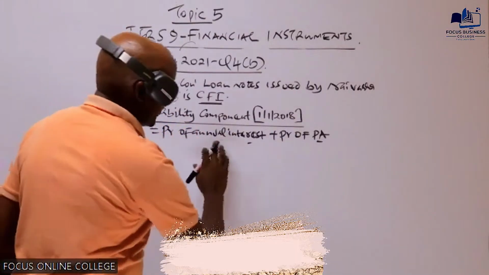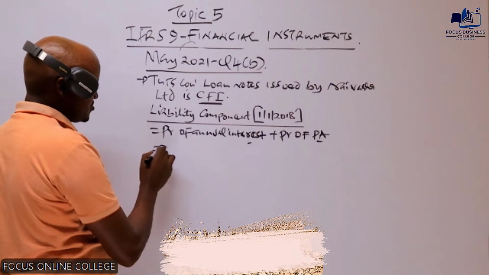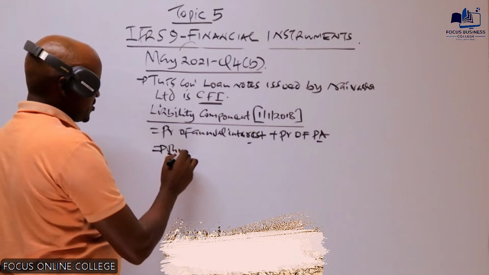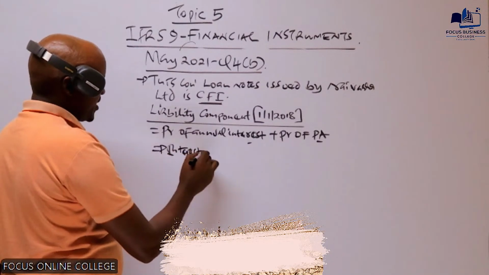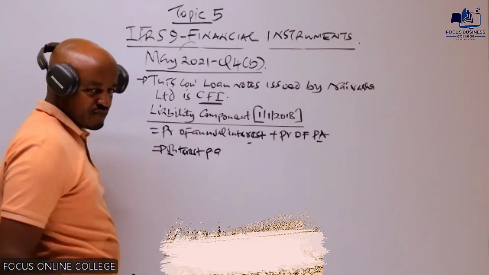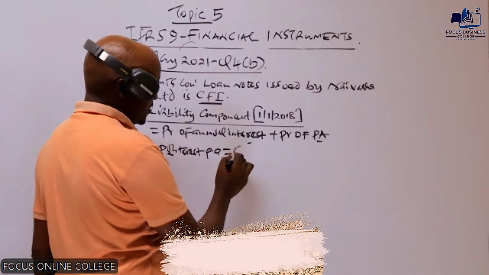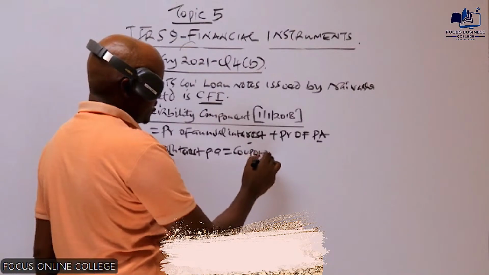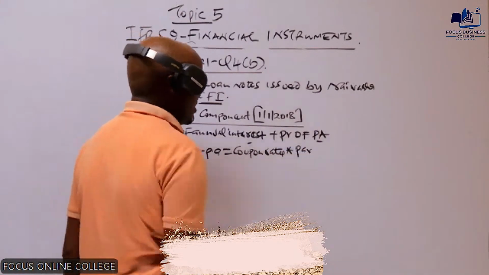So first of all, to compute the annual interest, in other terms the interest per annum, how do we compute this? This formula is very important; you must recall it. It is computed by taking the coupon rate times the par value.